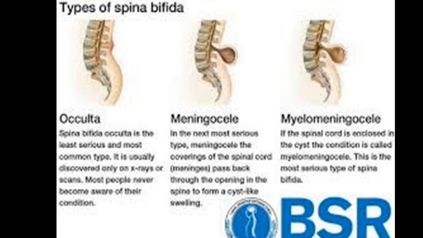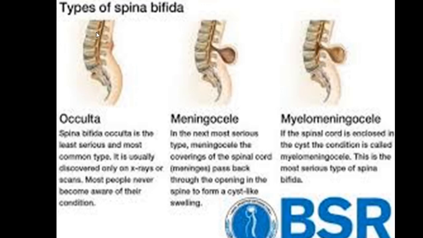Then spina bifida. It is a condition when the two halves of the vertebra do not fuse and the spinal cord along with the meninges may protrude out.